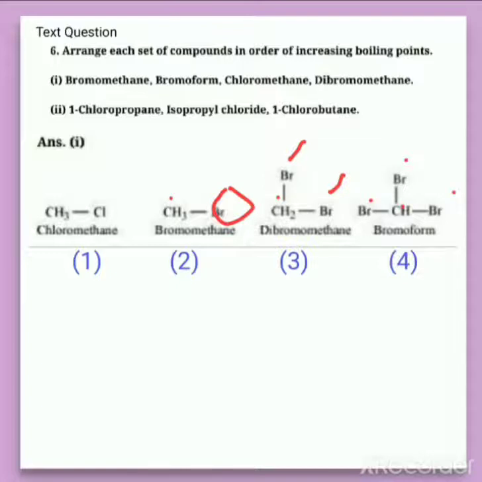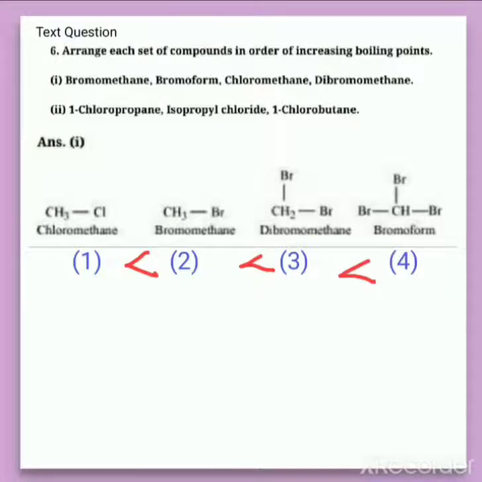So the number of halogen atoms increases in the molecule, the size and the mass also increase, so the boiling point also increases. When you compare these three structures, the second will have the lowest mass, then the third, then the fourth. So the boiling point is maximum in the case of the fourth structure, then the third, then the second and then the first.